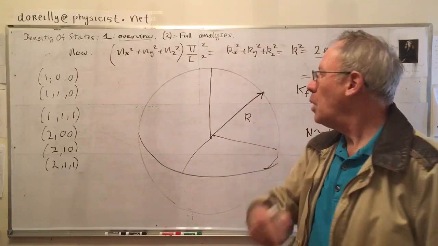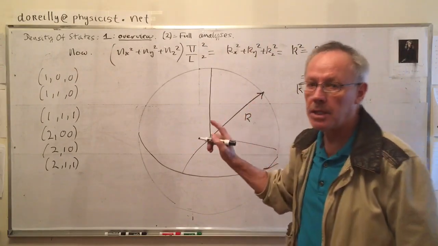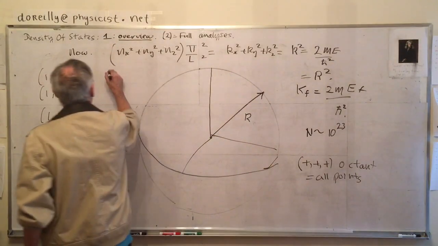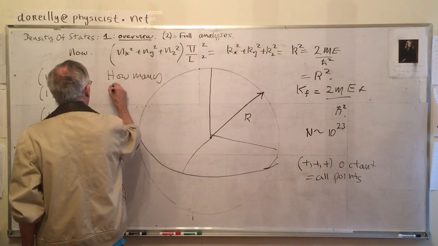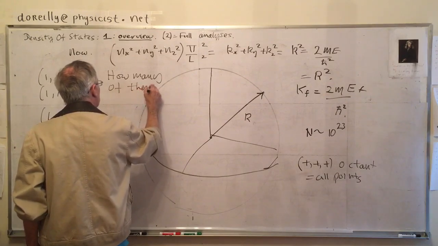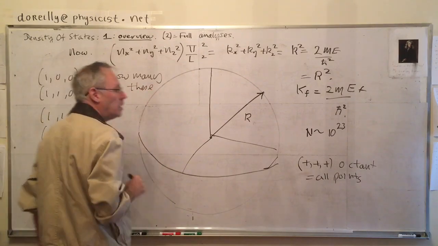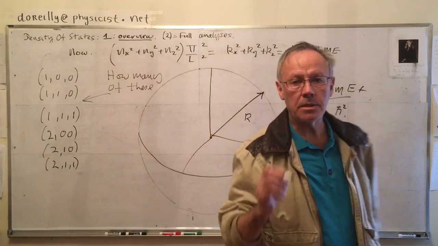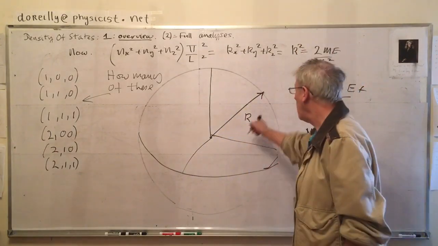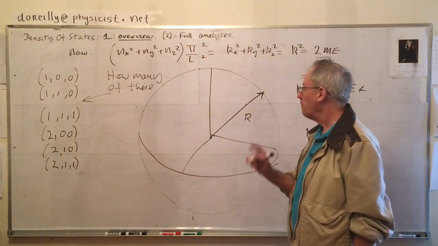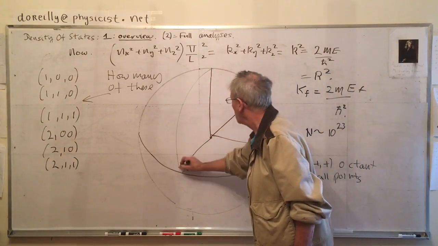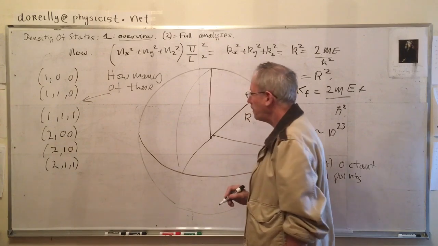So if we want to find out how many points in this space, we want to know how many points like that, less than the Fermi energy, less than the Fermi momentum, anyway, less than inside the radius of what? Of the positive octant. Just this, right?